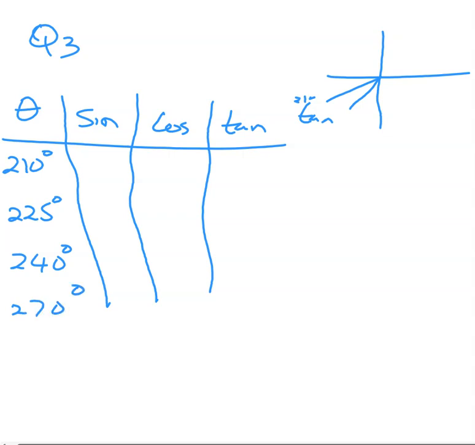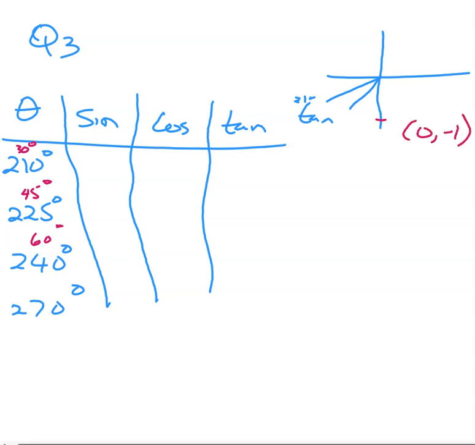So when we get here, our reference angle here is going to be the same as 30 degrees, 45 degrees, 60 degrees, and then this is an intercept. So this is going to be right here -1, 0. So cosine is 0 because our axis here are going to be 0, -1.